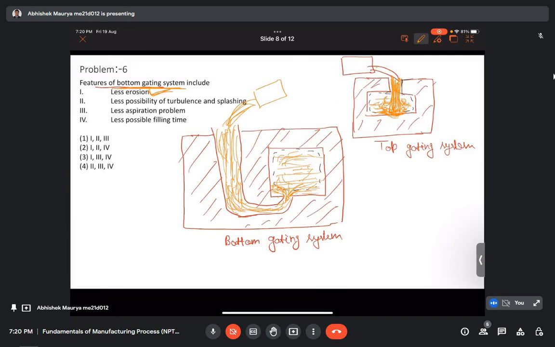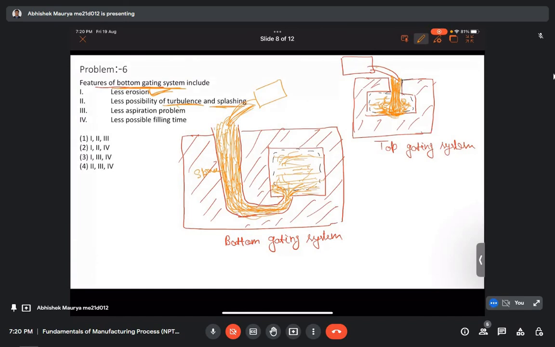Whereas when we pour the molten metal in the bottom gating system, the whole pouring channel, like the sprue, pouring basin or sprue base, is always filled with the molten metal, so there is no chance for turbulence or splashing to happen.